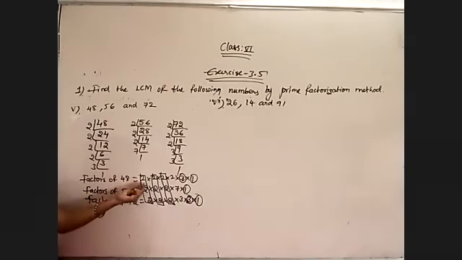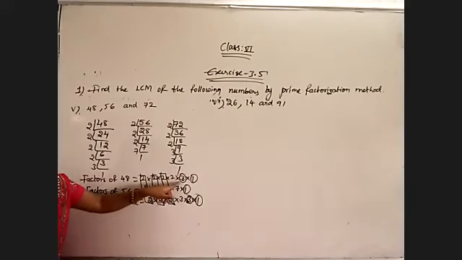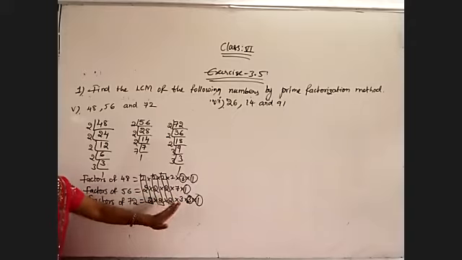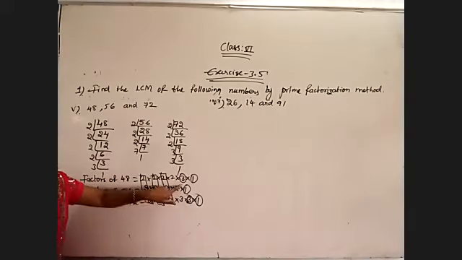The first 2 is present in each and every number, the second 2 also, the third 2 also. Here 3 numbers are given, so those 3 2s are present in all 3 numbers, but 3 is present in only 2 of the given numbers. In case of HCF we will not take 3 as a common factor, but in case of LCM we need to consider 3 also as a common factor.